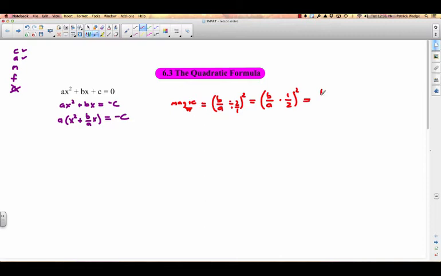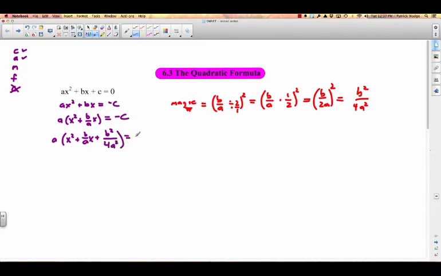So b times 1 is b, a times 2 is 2a, and we square that. Spreading that 2 to everything, we have b squared, 2 squared, which is 4, and a squared. That's your magic number. On the left-hand side, in order to make this a perfect square trinomial, we put that magic number right here: plus b squared over 4a squared.